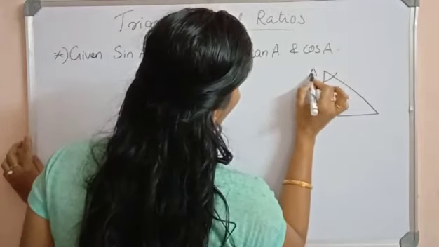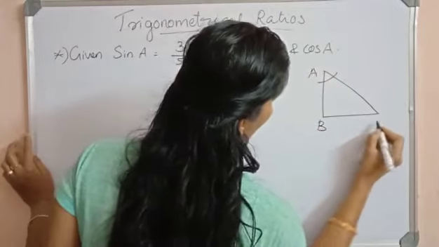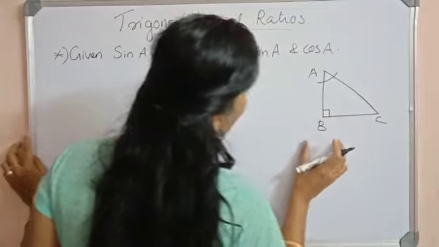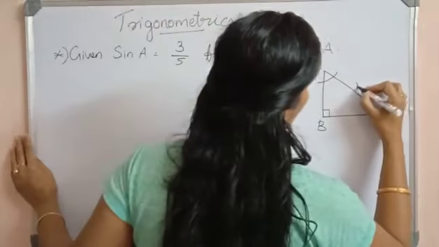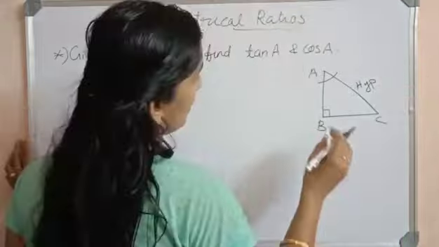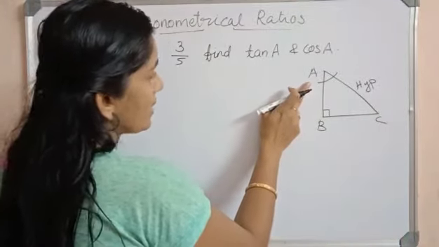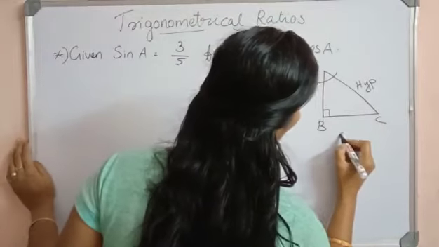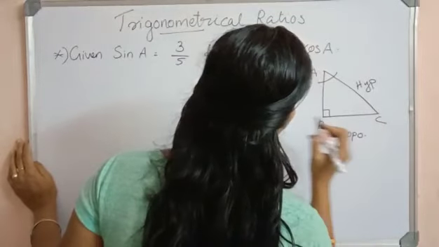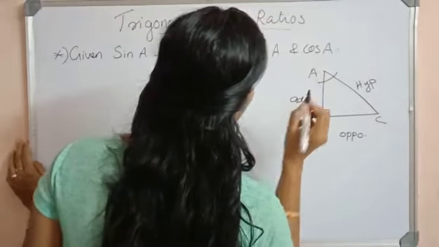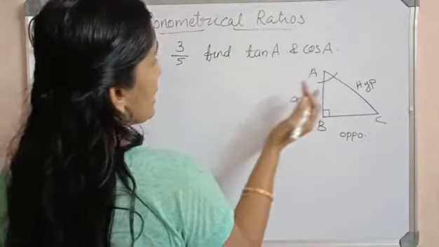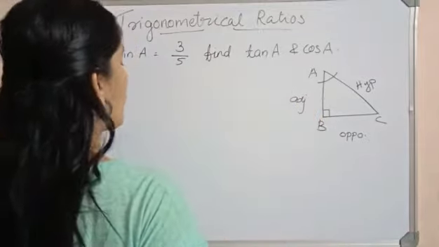Let's label A, B and C. This is 90 degrees, so this is the hypotenuse, the side opposite to 90 degrees. Since angle A is the angle of reference, this is the opposite side and this is the adjacent side, the side which is adjacent to the angle of reference.